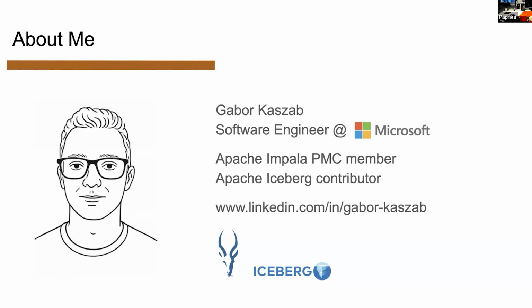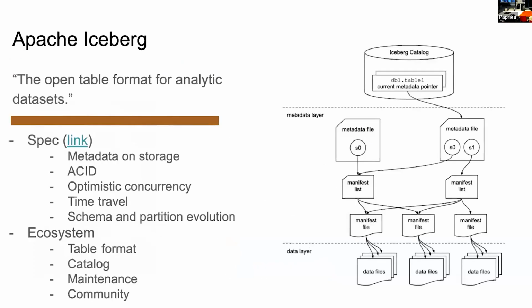I also concentrate my efforts on open source contributions. I am a contributor to Apache Iceberg, and also a PMC member in Apache Impala. A fun fact about me is that before joining Microsoft, I spent 8 years in this very same office working for Cloudera. So let's move on to our topic.